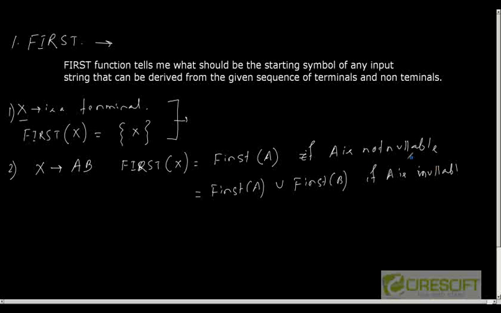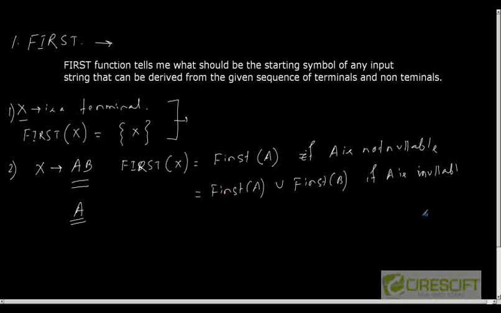If A is not nullable, that means it cannot generate an empty string, and hence any input string that can be derived from this production AB should begin with first of A. So first of AB will be first of A if A is not nullable.